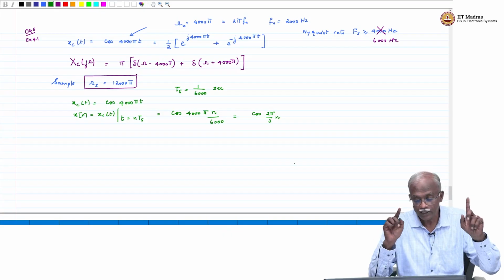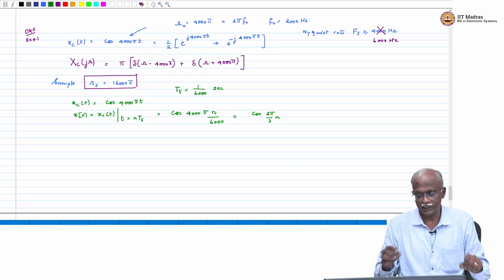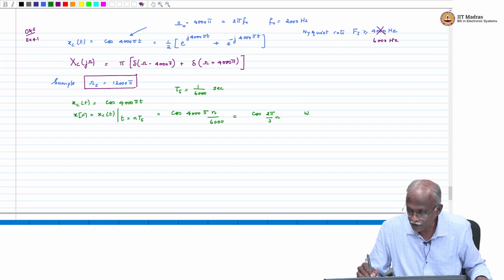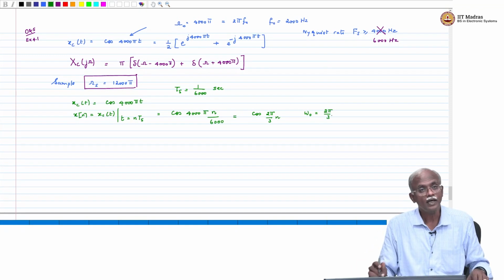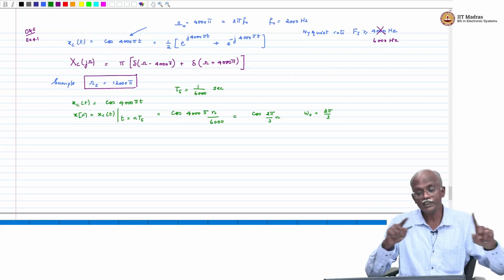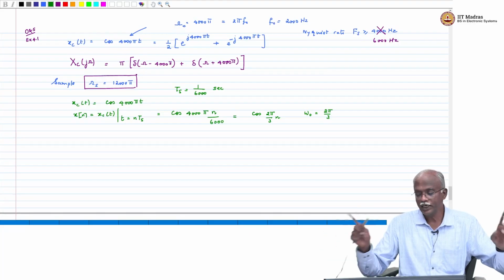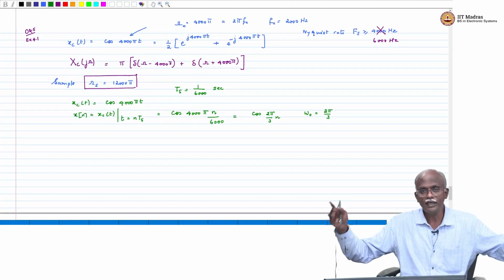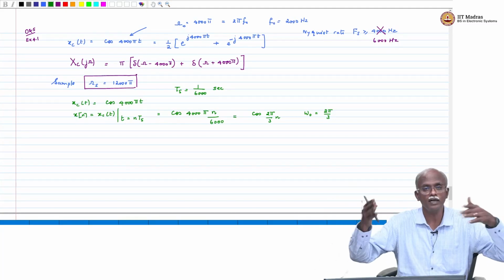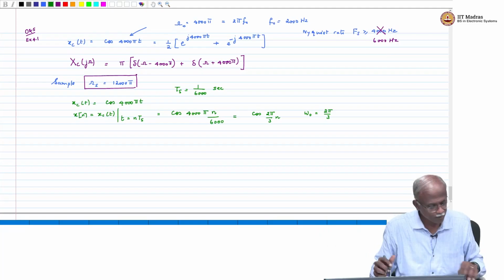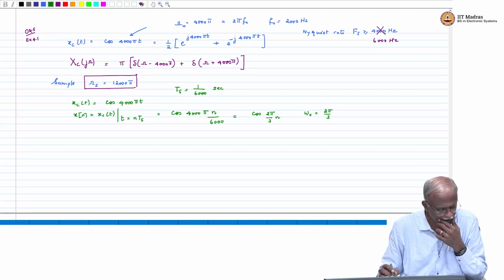In terms of the discrete time frequency, the discrete time frequency omega naught is equal to 2 pi by 3. Remember, the discrete time frequencies are periodic with period 2 pi. So anything between 0 and 2 pi you can treat as the fundamental frequency, and then you can look at it in terms of the higher frequency components.